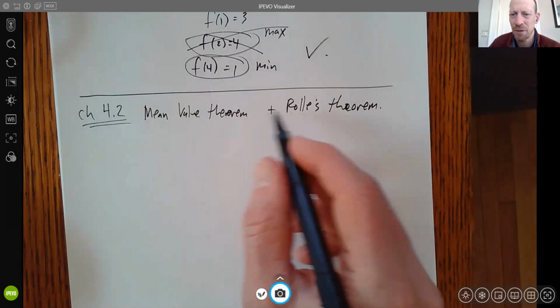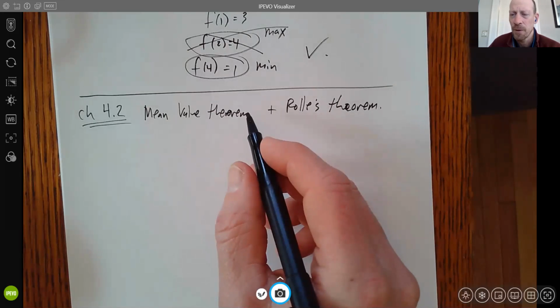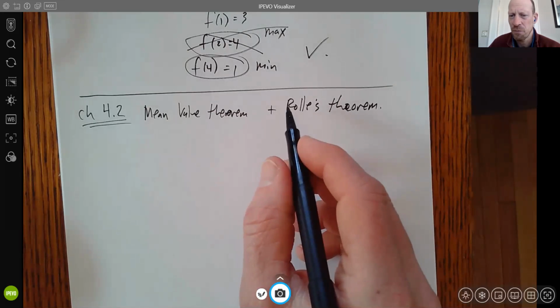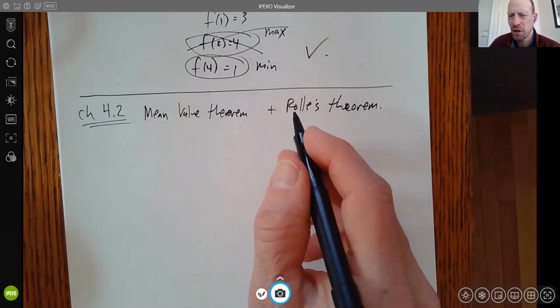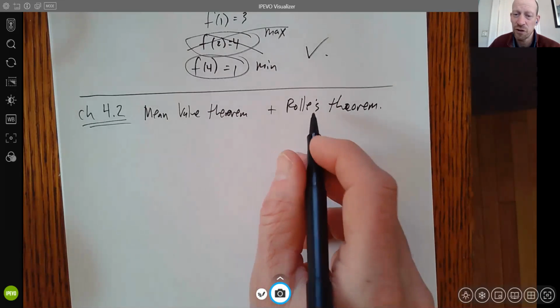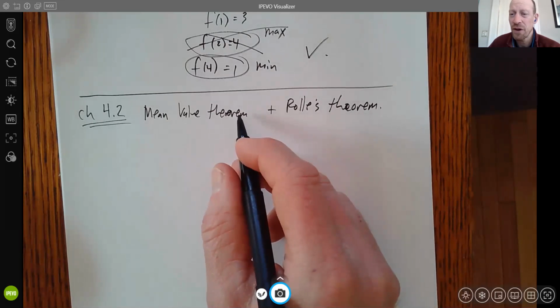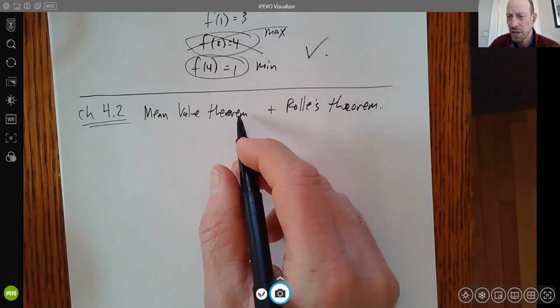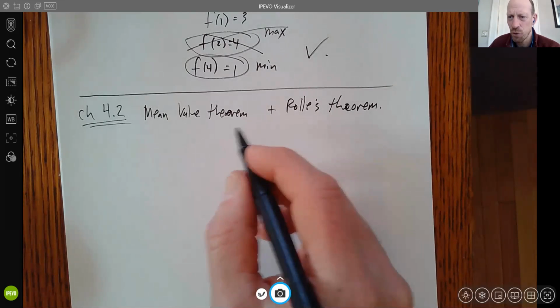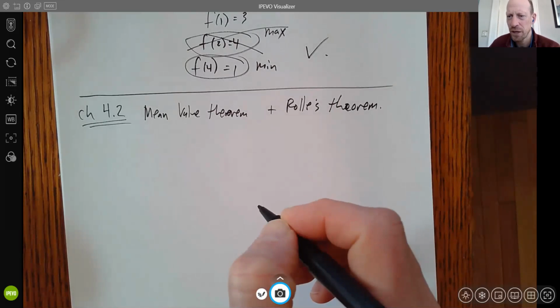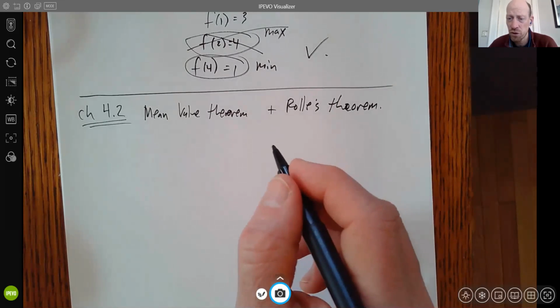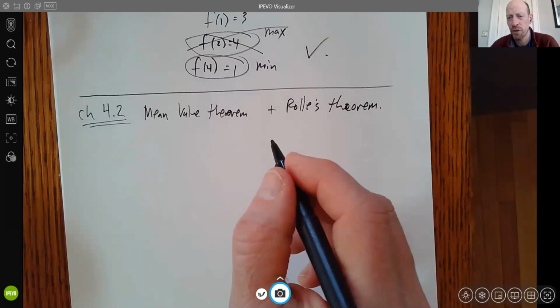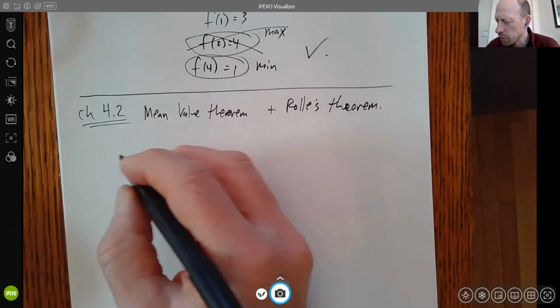You've done most of the work with Rolle's theorem. So in some ways it's easier to prove, but the mean value theorem is a more useful statement. I'm just going to state both of them here and talk through their implications, but you should look at the proof to help you understand where they come from as well.